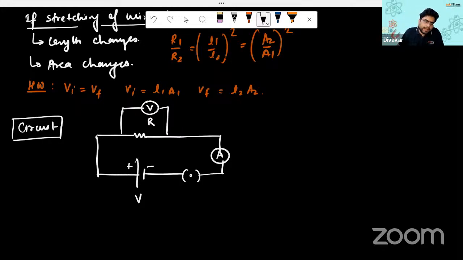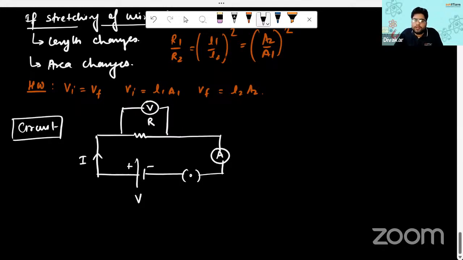So if by connecting battery V, I get a current I, then the charge has started from some energy level. Let's say the charge had 0 energy, you can take any value you want. Then when it crosses the battery, it has acquired V amount of energy because the battery gives energy.